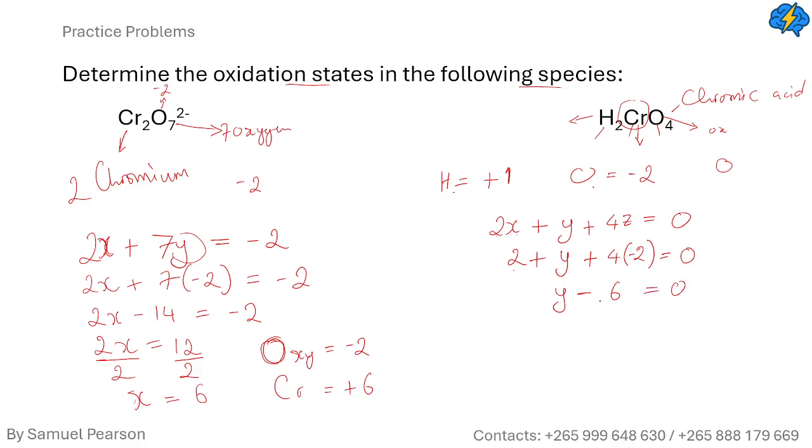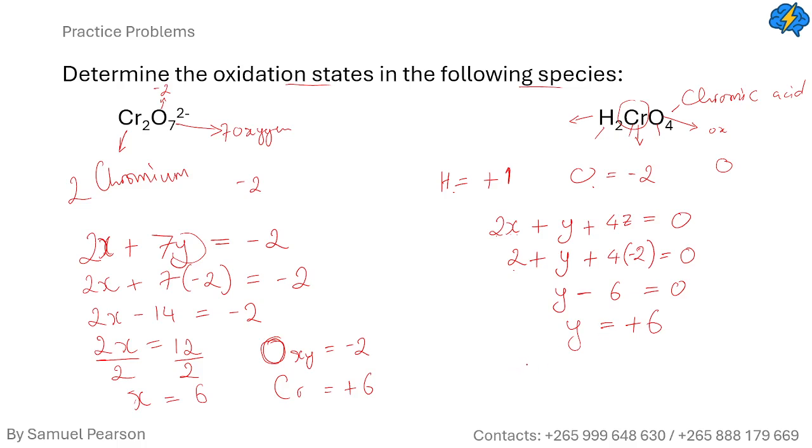Taking the negative 6 to the right-hand side, we get y is equal to positive 6. In short, the oxidation number of chromium in chromic acid is positive 6.